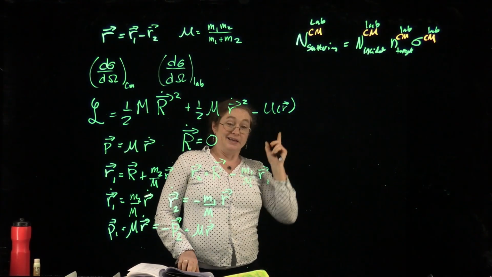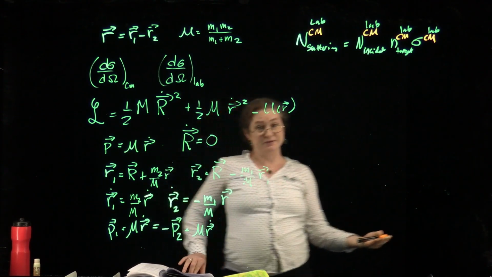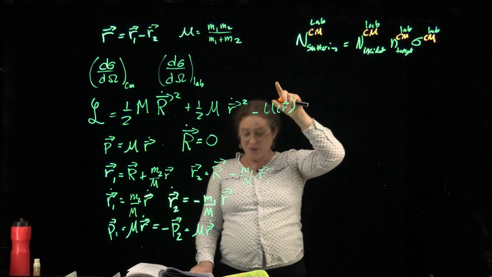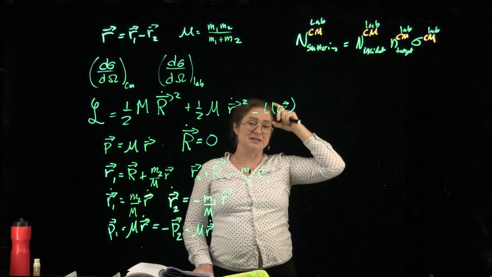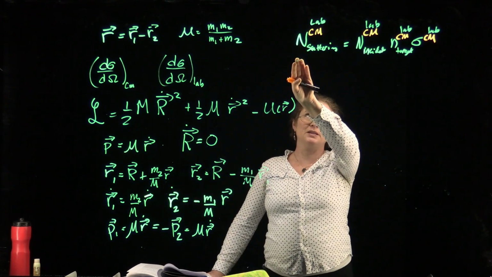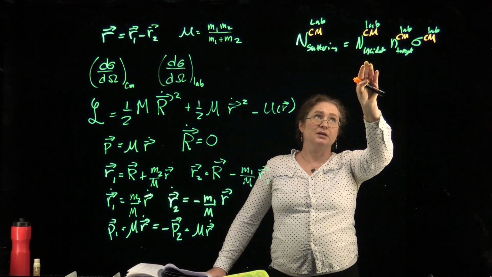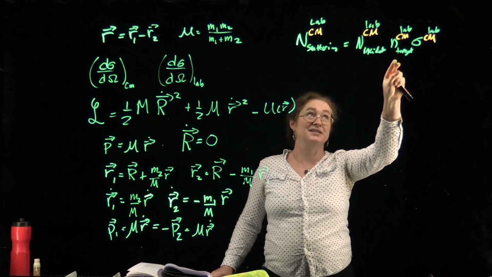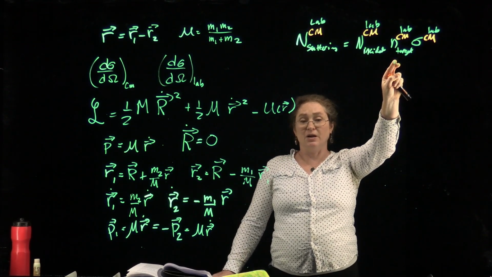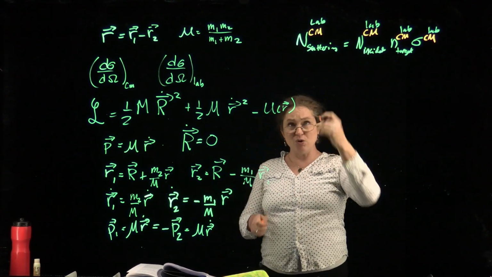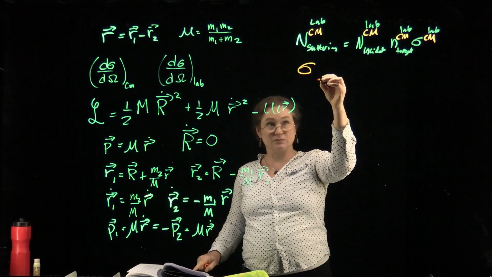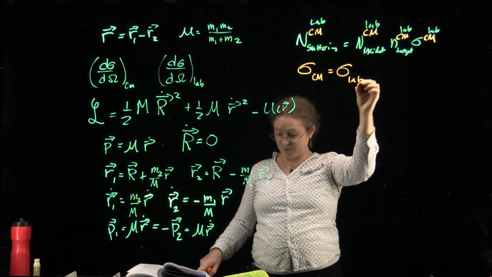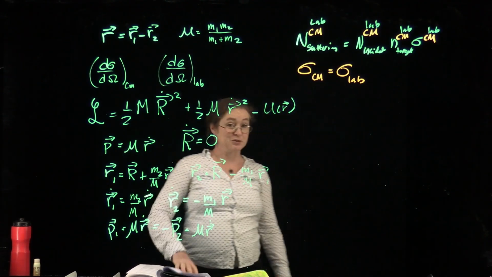Now, if you're talking about the total number of events everywhere, the number of scattered particles will be the same in the lab as in the center of mass. So this will be the same, this will be the same. And that implies, because the target density is also going to be the same in both, that the overall cross-section, the inclusive cross-section, is going to be the same in both frames.